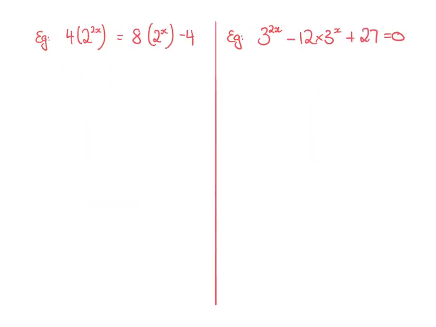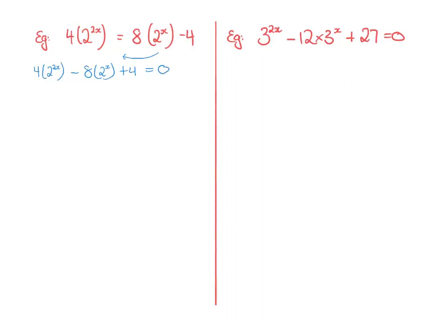Okay, with this example, what you're actually going to see is that this can become a quadratic. And remember, when we solve quadratics, we move everything to one side of the equal sign. So I'll do that first. I'm not moving this at the moment, but I'm going to bring this over, so it'd be minus 8 times 2 to the power of x, and then it'd be plus 4, and I've let that side equal 0.